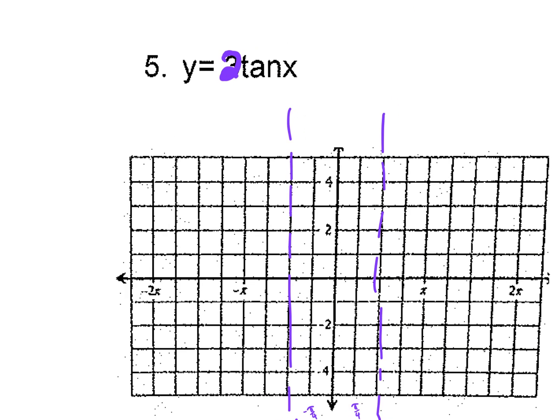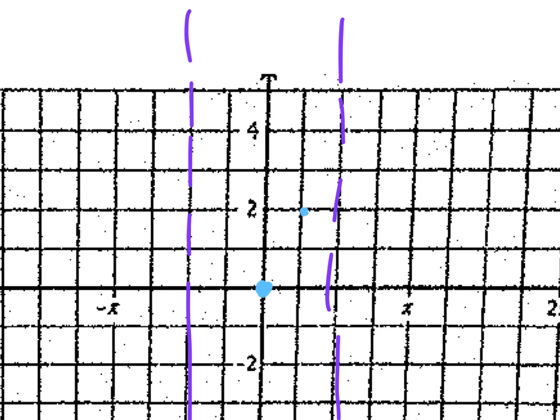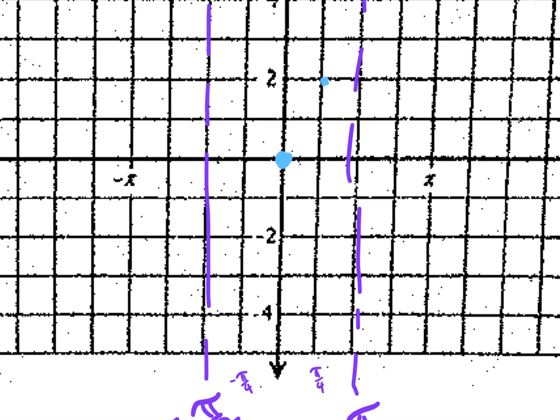Okay, so in terms of graphing the graph, we know we're going to go right through the origin. What do you think the 2 tells us? What is that going to adjust? So that critical point, instead of being at 1 for pi over 4, we're going to go up to 2. And at negative pi over 4, we're going to go down to negative 2.